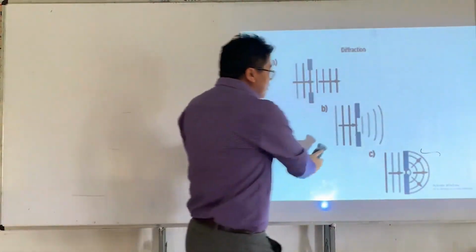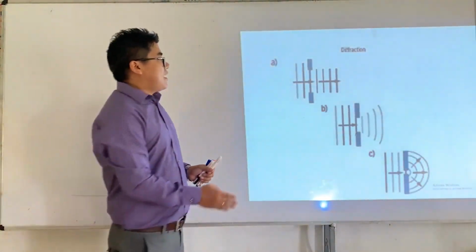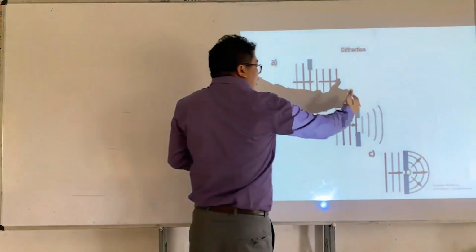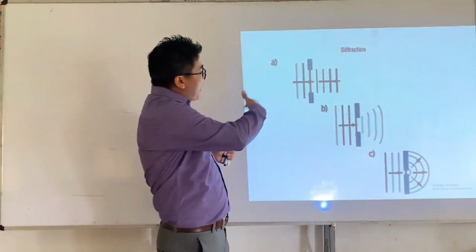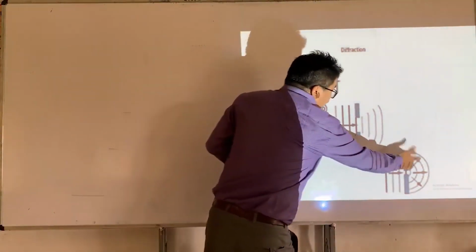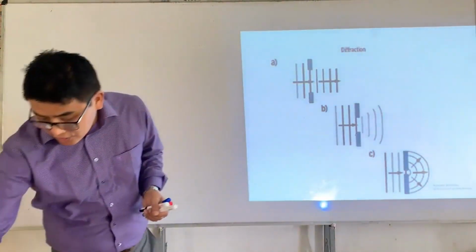So in a way, diffraction is the spreading or bending of light around a corner of obstacles, so that light enters into shadow regions.